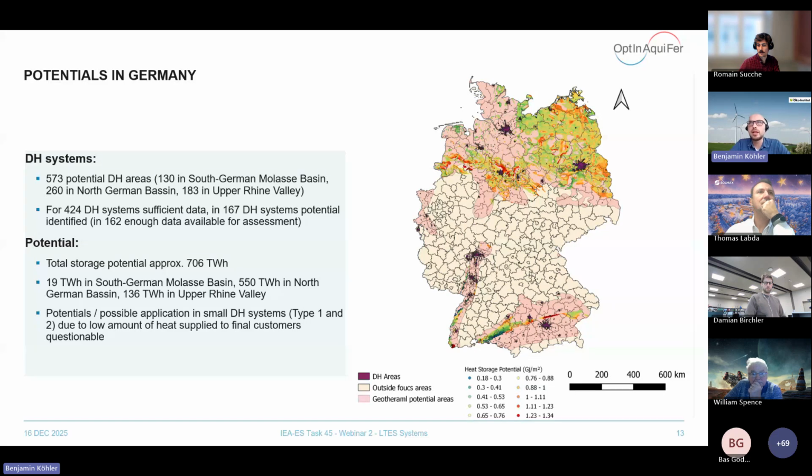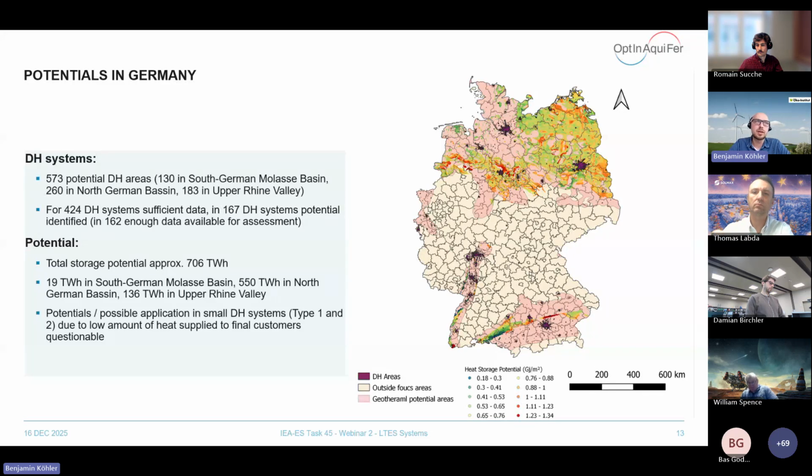What we found in the end is that there are about 570 potential district heating areas in the geothermal regions of Germany, most of them in the North German Basin, which is also the largest geothermal area in Germany. And for around 420, we found sufficient data to assess also the underground conditions.